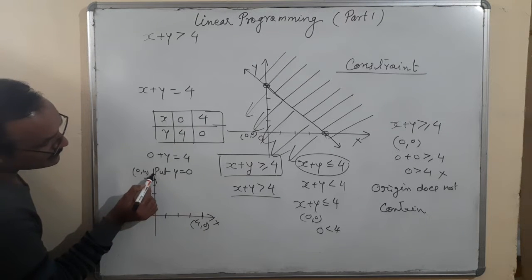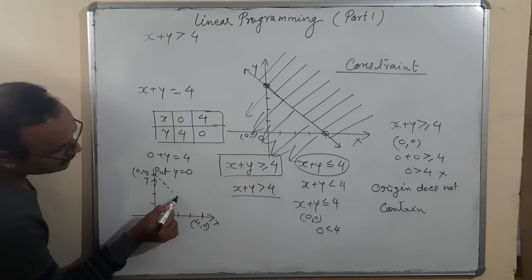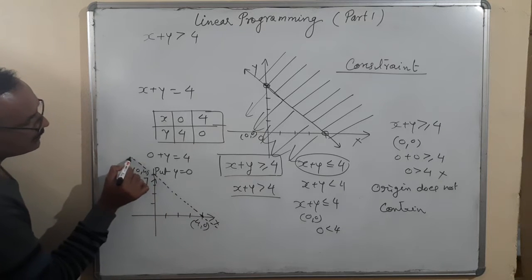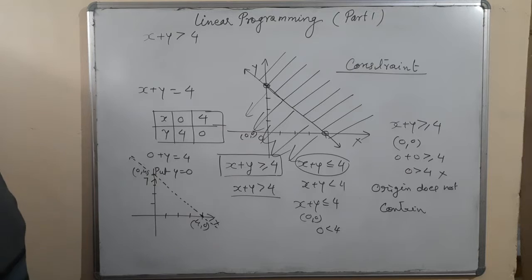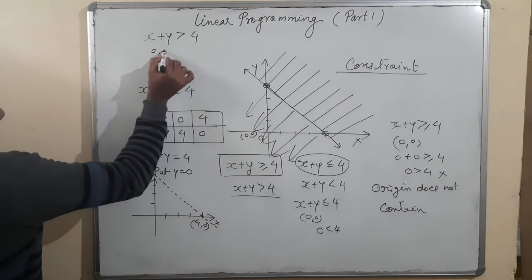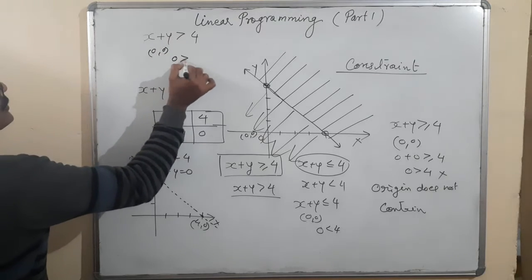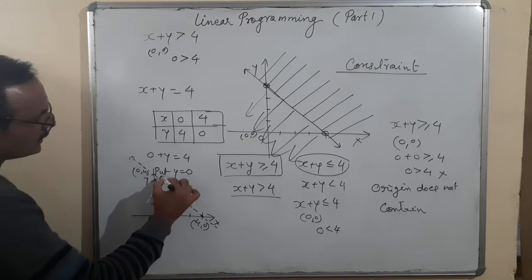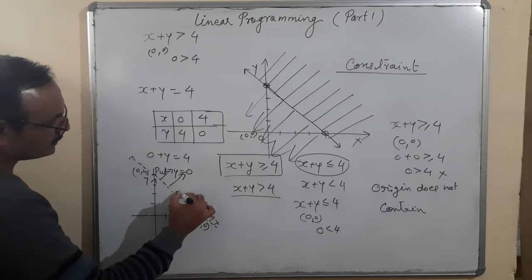Dotted line in mathematics, what does it mean? The points are not coming on it. That means this line is not included. Now x plus y is greater than 4, we put 0, 0 here. So 0 is greater than 4, which is not true. That means the origin is not contained, so we are talking about the region away from the origin.